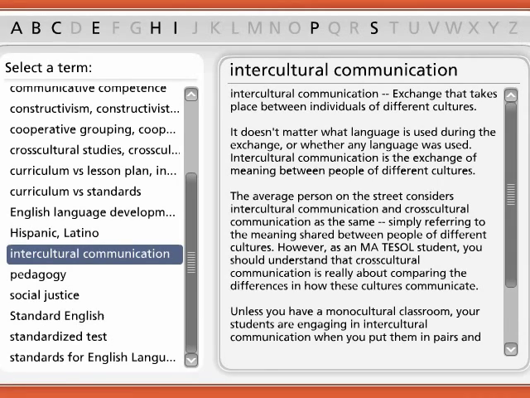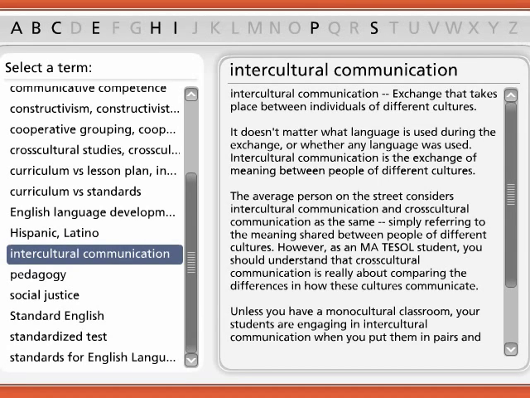Intercultural communication. Intercultural communication is the exchange that takes place between individuals of different cultures. It doesn't matter what language is used during the exchange or whether any language was used at all. Intercultural communication is that exchange of meaning between people of different cultures.